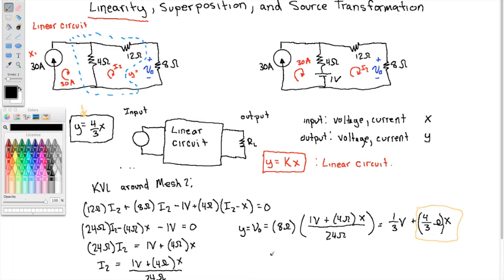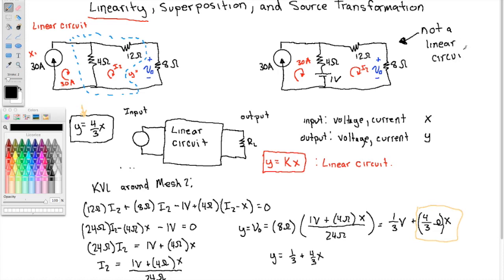I'll drop the units just to make it obvious: Y equals 1/3 plus 4/3 X. Is that in this form in red? No, it's not. So this circuit, the second one, is not a linear circuit.